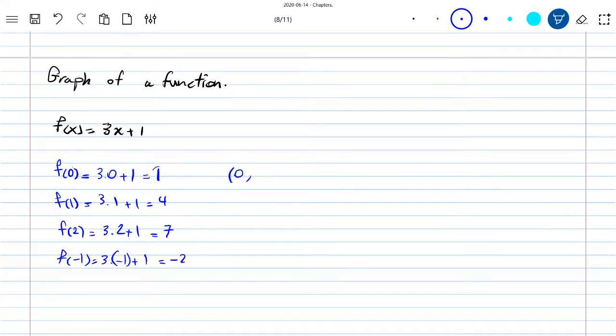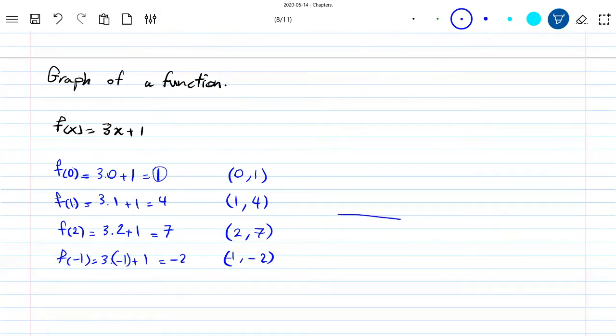What did I find as output? It's the y coordinate, 1. I replaced 1 as an input. What did I find as a y coordinate? 4. If you remember, the function should have exactly one output, one y coordinate, for every x value that you pick. If I pick x equal to 2, I have one y value, which is 7. If I pick x equal to negative 1, I get one y value, which is negative 2.